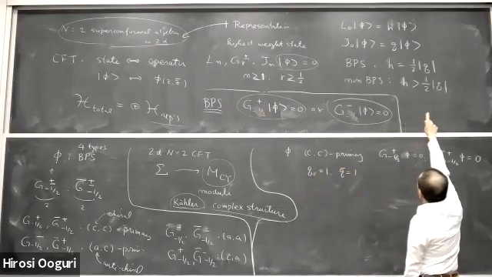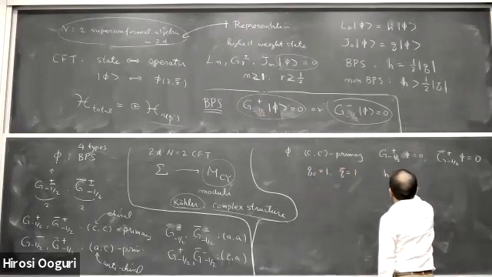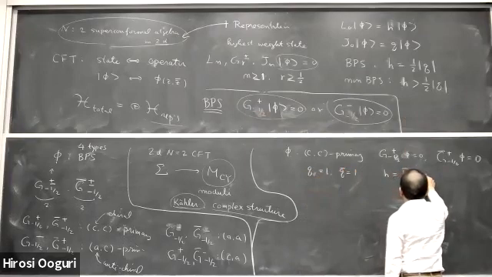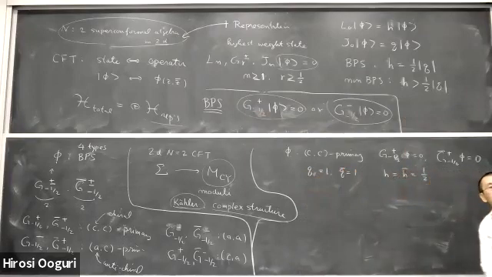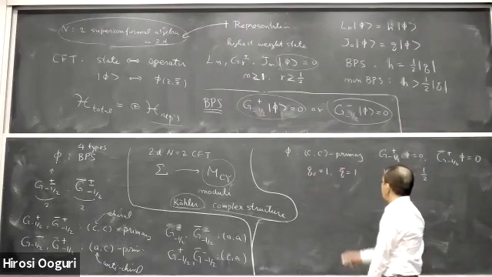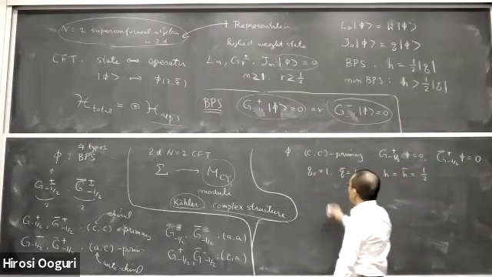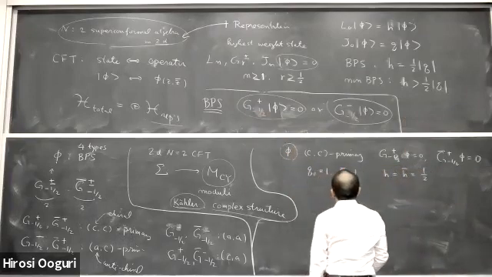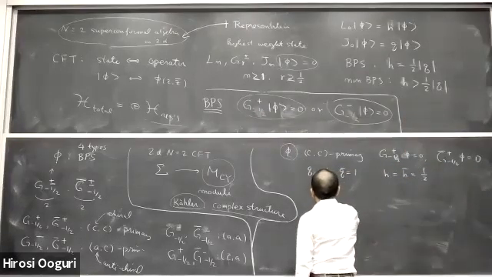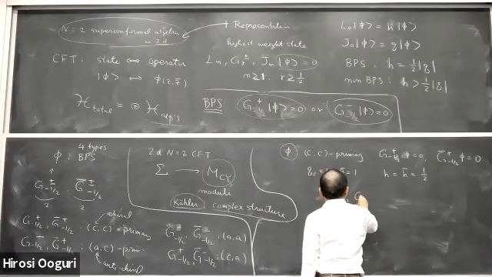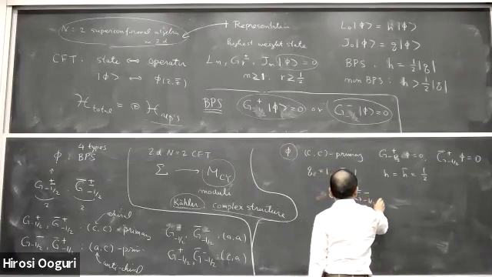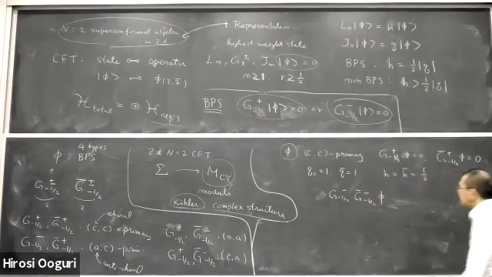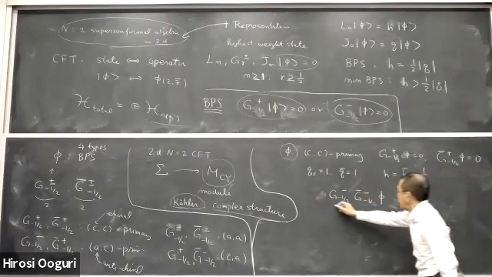Then according to the formula I wrote over here, H bar is equal to 1/2 because it's a BPS state. So H is 1/2 of the absolute value of Q, and since I'm taking Q to be 1, it should be like that. Suppose I take such a primary state and then consider the multiplication of G minus minus 1/2 and G bar minus minus 1/2 acting on phi. Okay, so let's consider this operator.